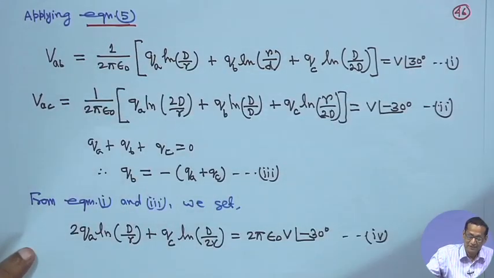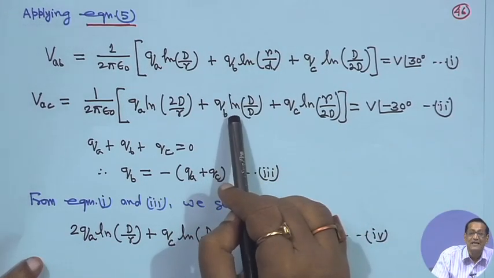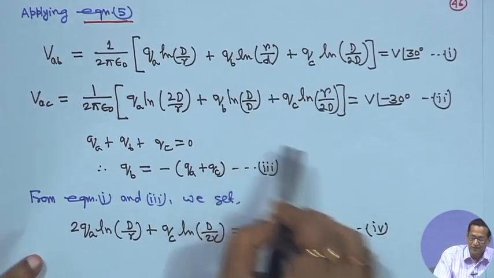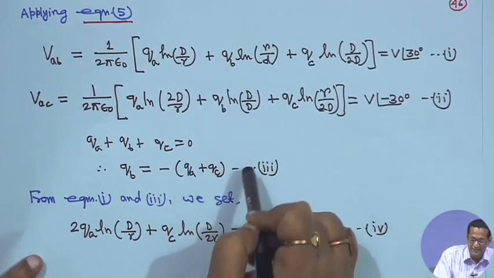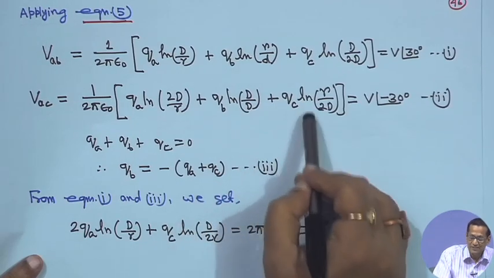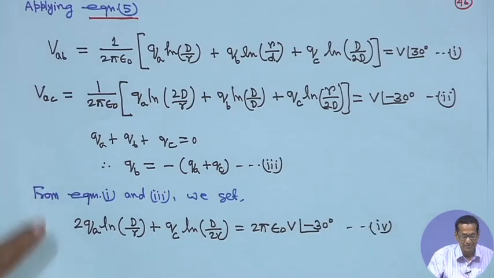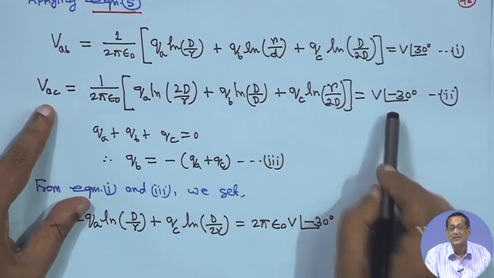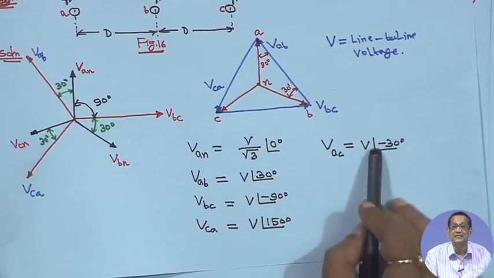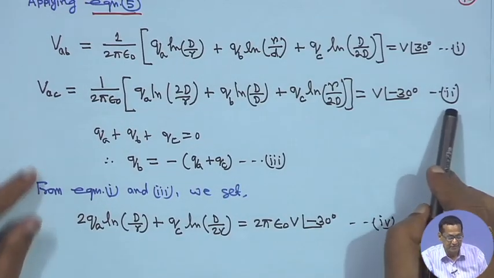So that is why it will come QB ln d upon d, that means ln 1, so this term will vanish, it will be 0, right. I will not write it in the expression, but at a later stage we will evaluate accordingly, plus QC ln r upon 2d is equal to V angle minus 30 degrees, because VAC is equal to V angle minus 30 degrees. Just now we have discussed that. So, this is equation 2.